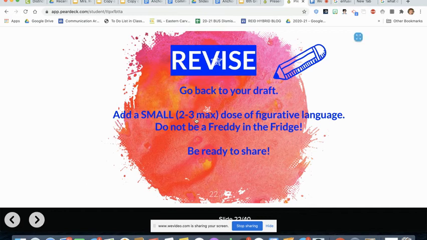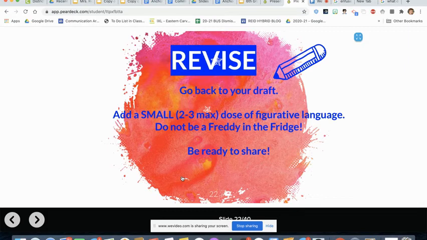And then, obviously, and this is the most important, you're going to go back to your draft. And you want to add 2 to 3 doses, that should say doses, or add a small dose of figurative language. And I did reference this Freddie in the Fridge, so I'm going to show you that next.